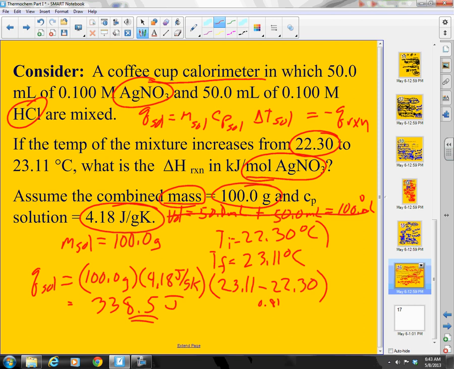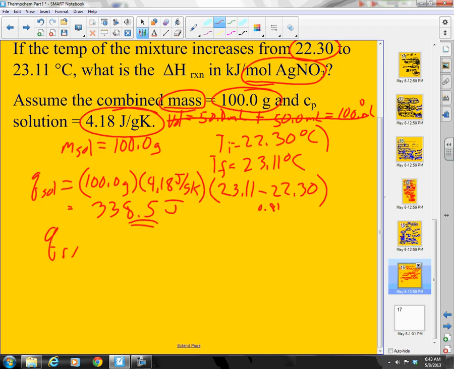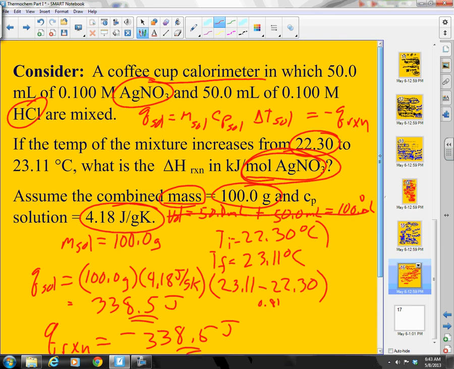It's a positive number. What is Q reaction? Well, it's going to be opposite of Q solution. So it's going to be negative 338.5 joules, right? Now, I want it in terms of moles of silver nitrate. So how many moles of AgNO3 do I have? Well, I'm going to take the volume of my AgNO3 in this case.